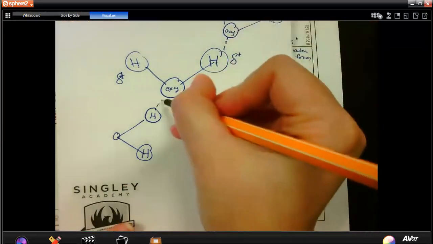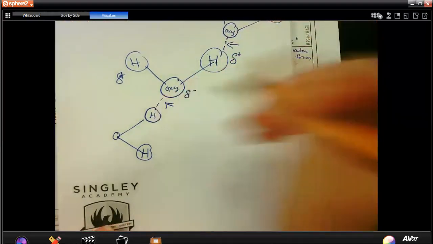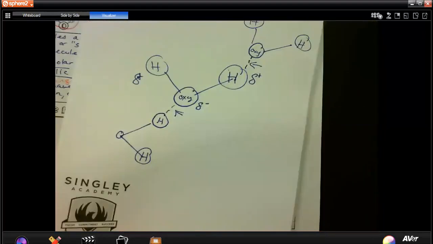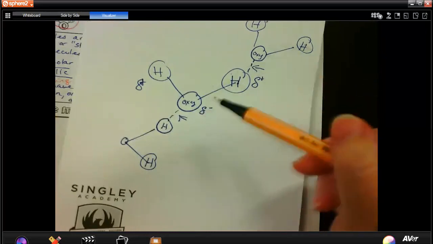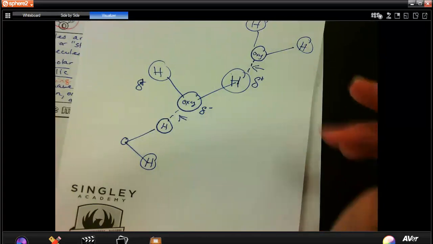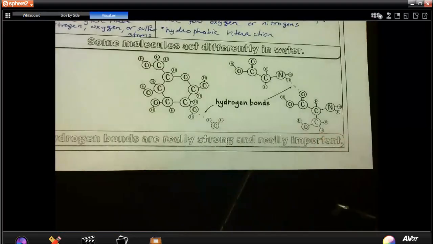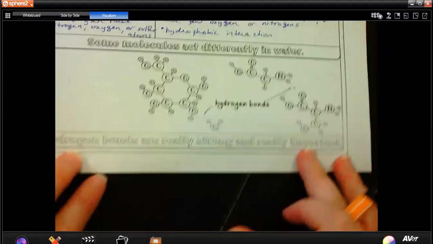The problem comes when you have billions of them, and it's actually a very good thing for us. When you have billions of these partial bonds in a glass of water, in the ocean, in a lake, they're nearly impossible to break. And it gives water all its amazing properties that we need in order to survive on this planet.